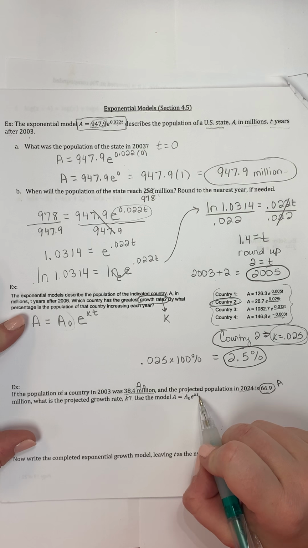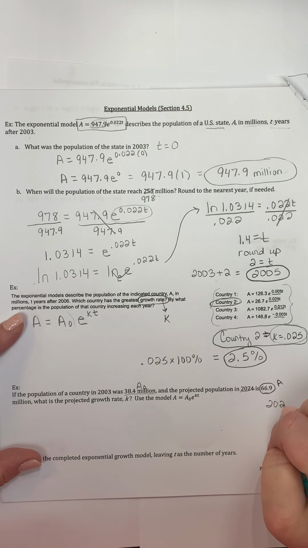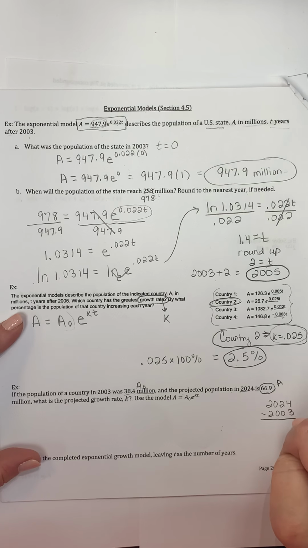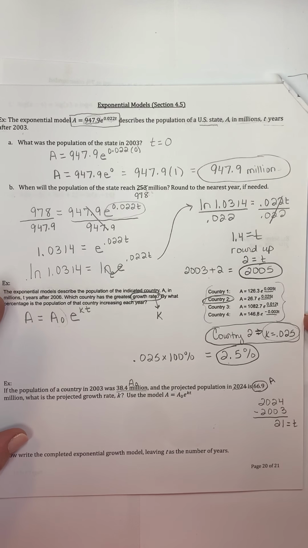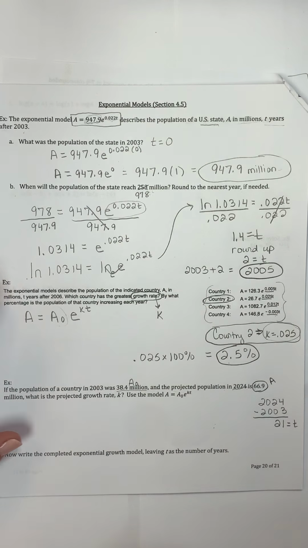Now we just need T. So we need to know how many years have passed. Well, we're talking about 2024 minus 2003. We're talking about 21 years. That is going to be T, because T is always how many years past this original information you had.